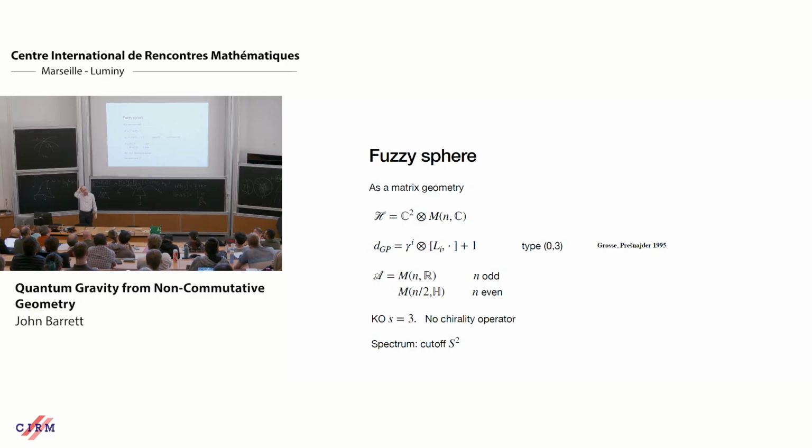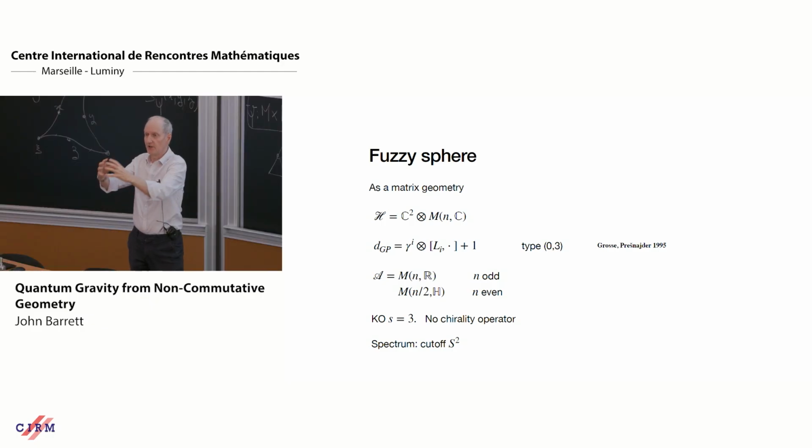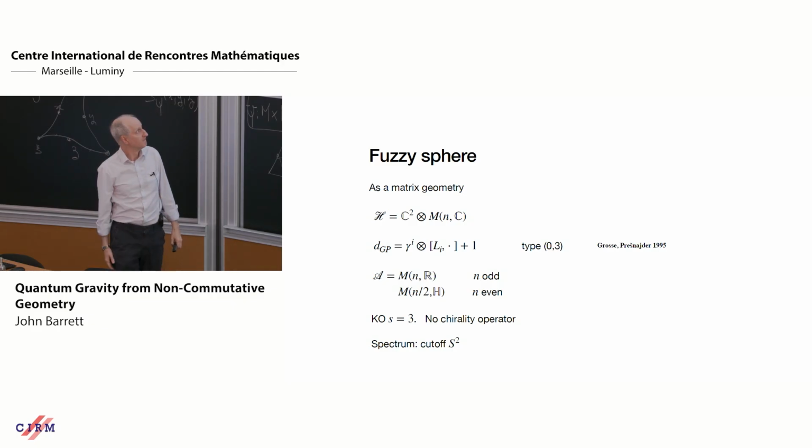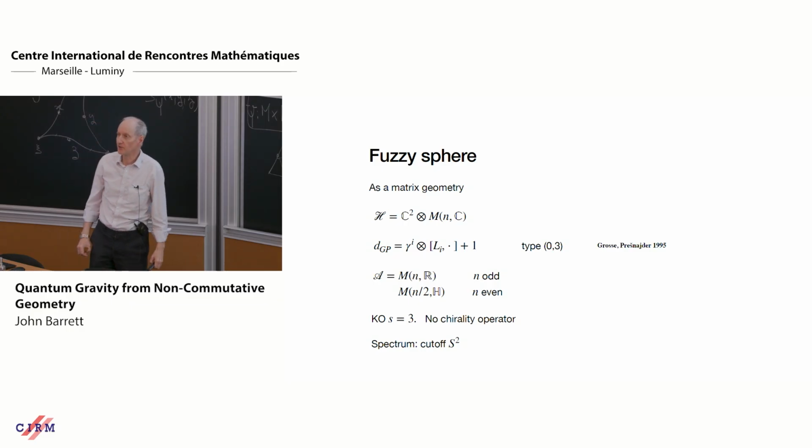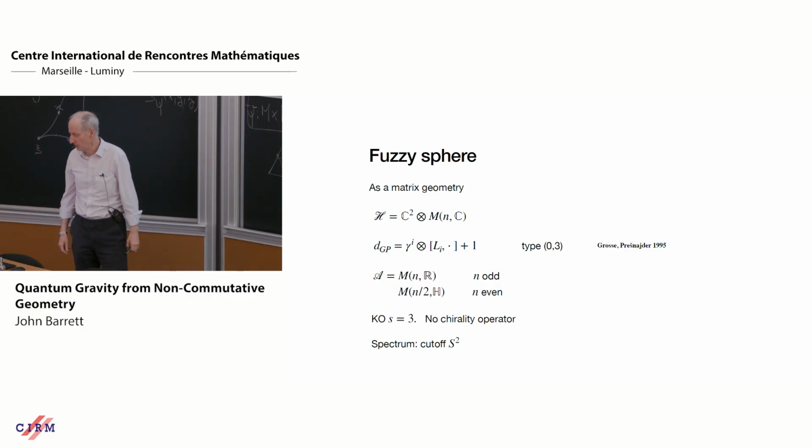So you can think of this construction as what would happen if you put the two-sphere into flat three-dimensional space, and then just use the three-dimensional spinors from the ambient space. Of course, they have the same dimension, but what's missing is the chirality operator. The fact that you've gone to the global spinors means there's no chirality operator. So this example, while it's very instructive and very successful, it's somewhat defective in this sense.